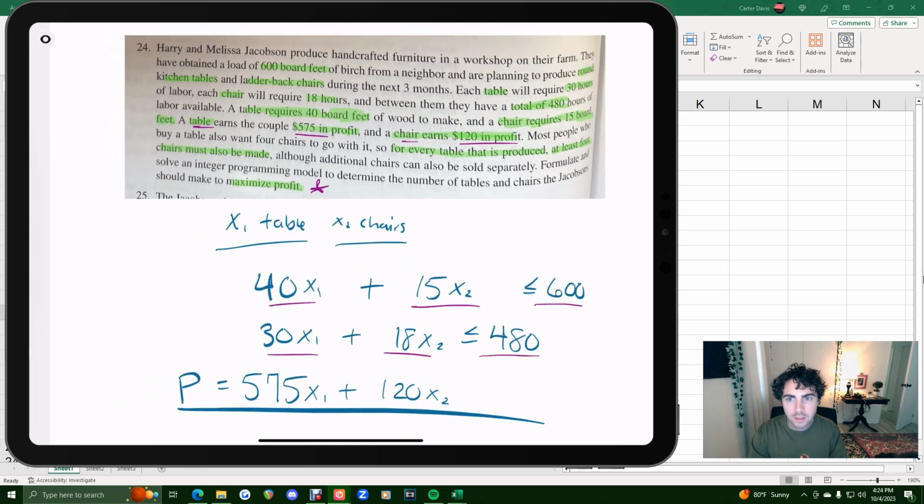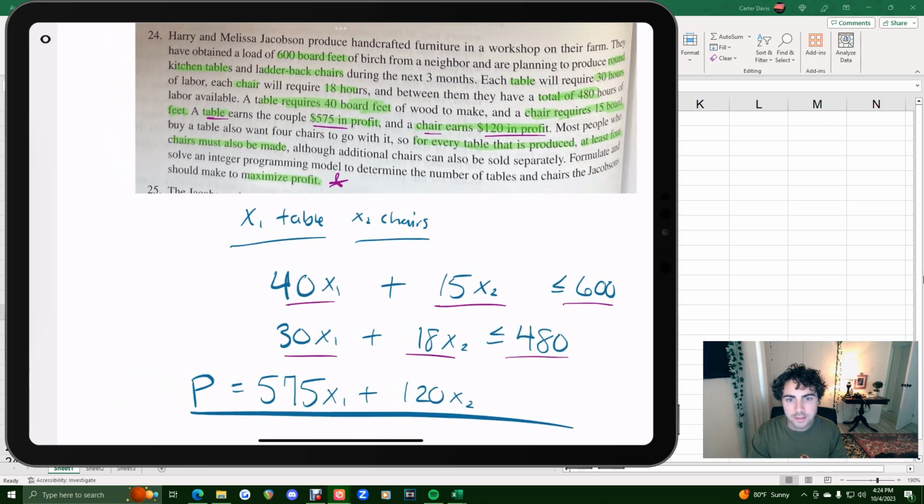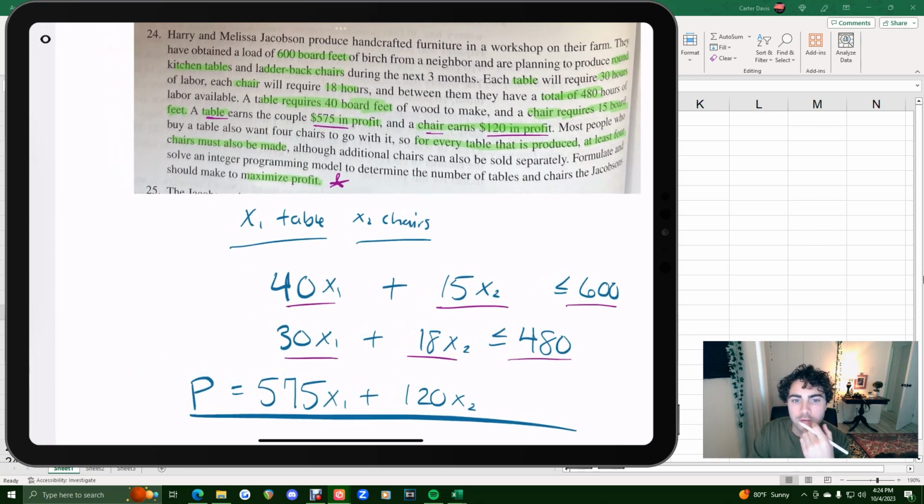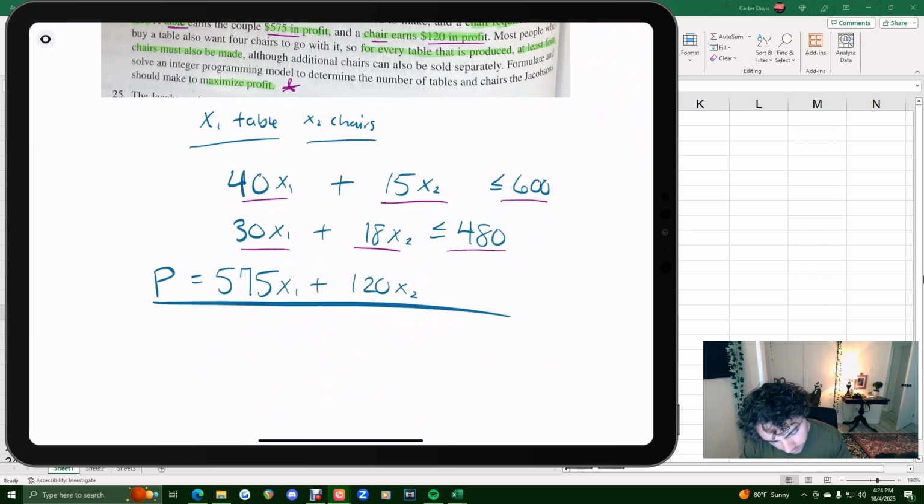And now the last thing really to worry about is for every 1 table that's produced, at least 4 chairs must also be made. So we want to think about it like this: for every 1 table, we're getting 4 chairs. So for every 1 x1, we're producing 4 x2s.